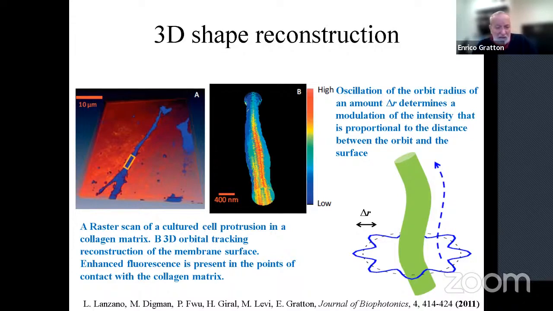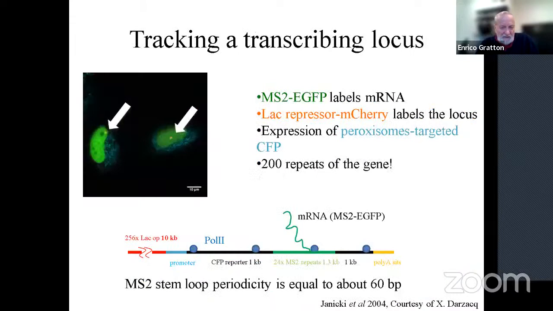So we can tell the distance of the object, and the object can be complicated, not circular, but can have another shape. By this simple technique of oscillating the orbit, we can tell where the object is, and that can be done for any shape of the object. Can I have the next slide?